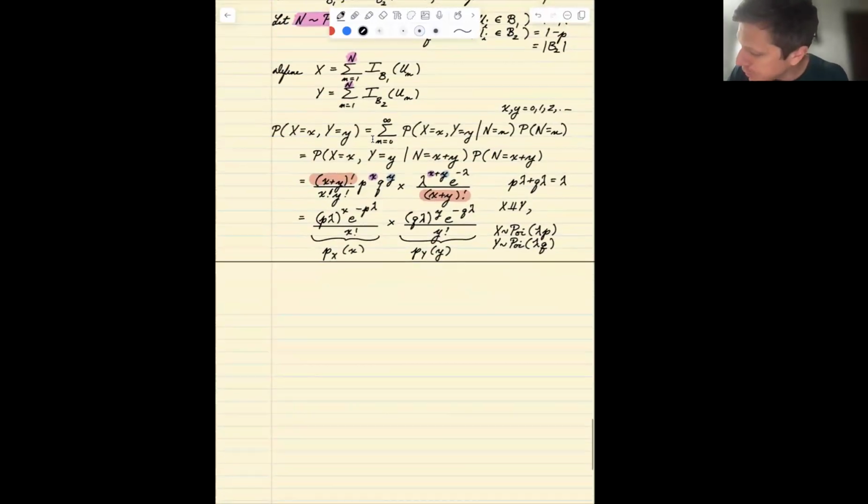To construct a Poisson point process on a closed interval, let's just do it on the unit interval with intensity lambda.